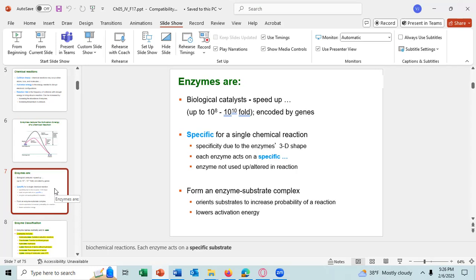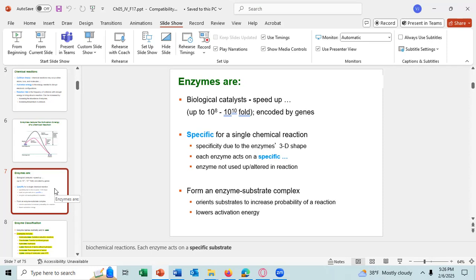They can perform one chemical reaction and essentially only work on one molecule. So for each chemical reaction, you need a different enzyme. The specificity of an enzyme is due to its three-dimensional shape.